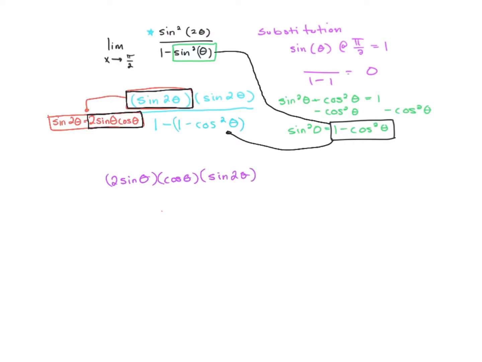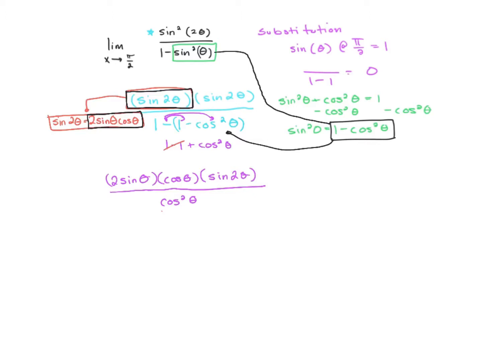And underneath, we end up with 1 minus 1 plus cosine squared theta. What I've done is I've distributed the negative sign to each. The ones cancel out, and you're just left with cosine squared theta on the bottom.